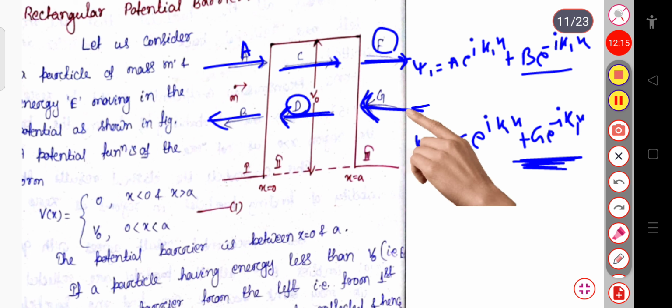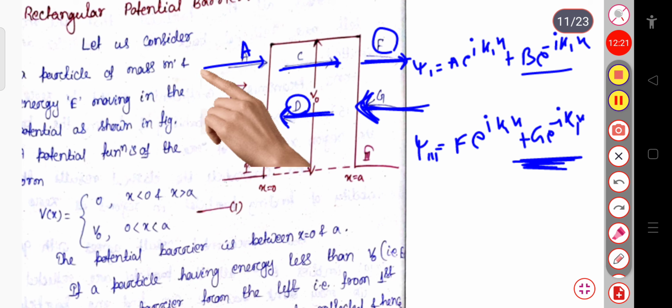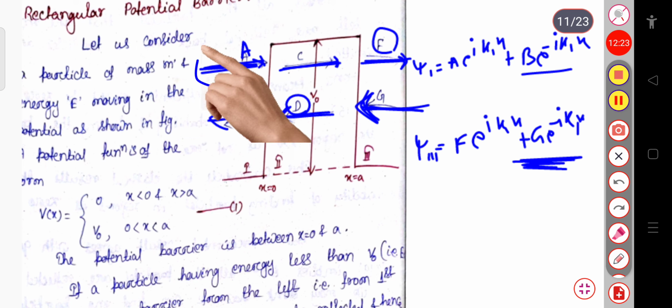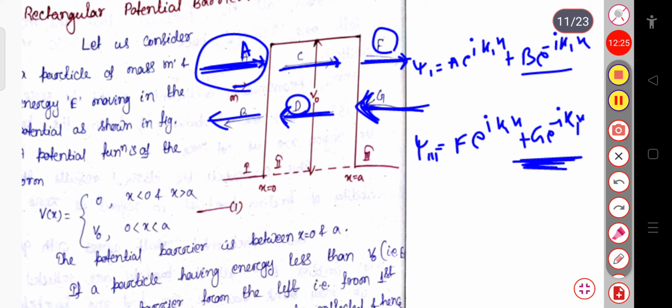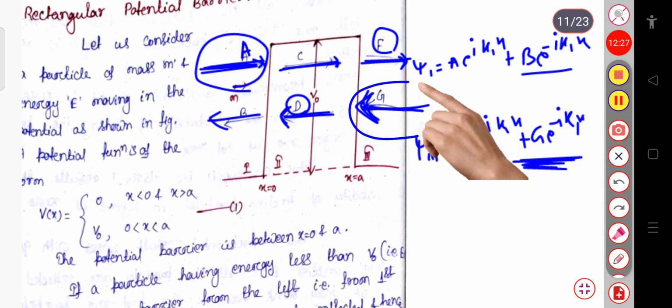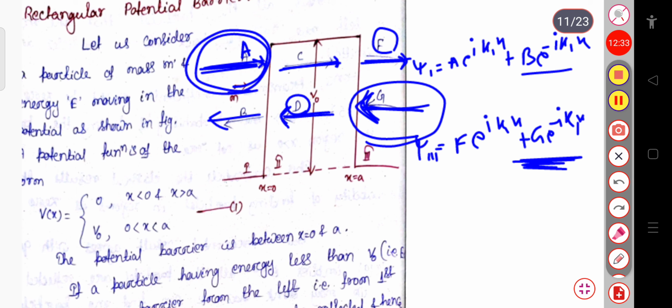Okay, this is the incident wave on the right hand side, and we are considering a to be the incident one from the left hand side, or it may be incident from the right hand side. So there is no need to take both. You may consider any one, because if you consider g to be the reflected one, since there is no barrier present at this point, you may neglect g to be 0.